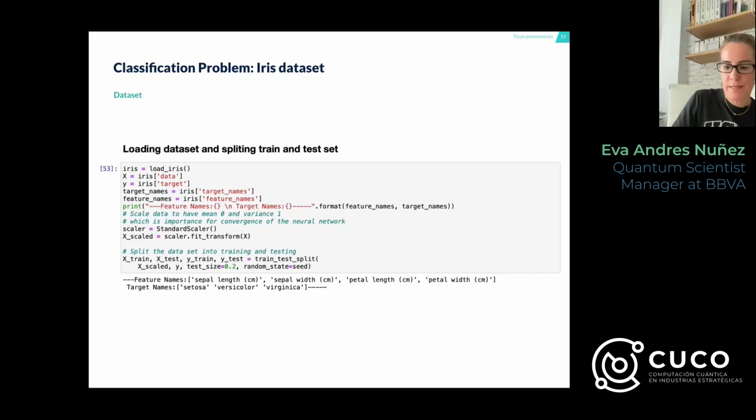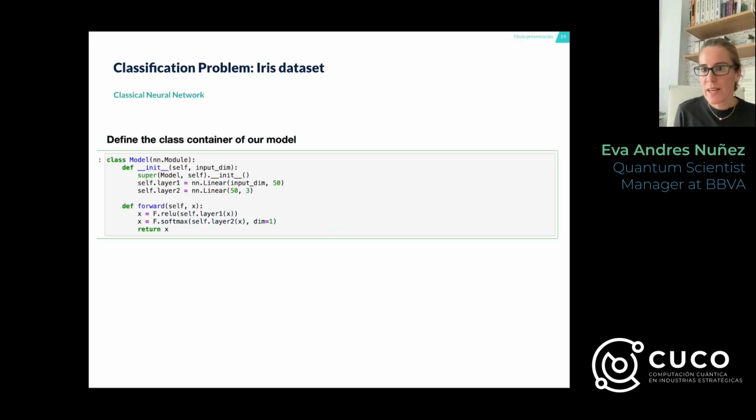So after we prepare the data set, we define the model in PyTorch, which just needs an input layer formed by the 4 features. As you remember, the 4 features that we have in the data set.